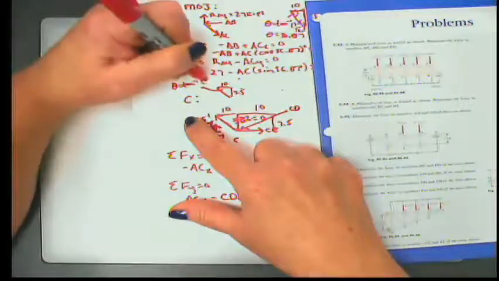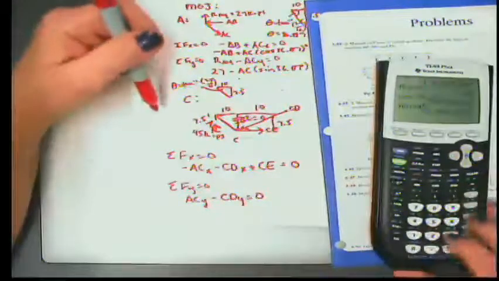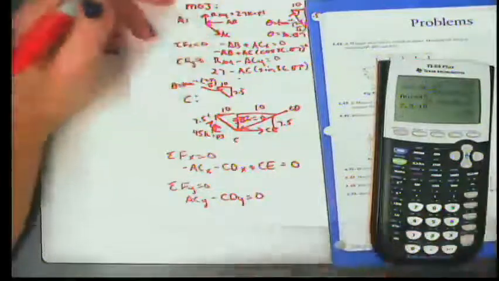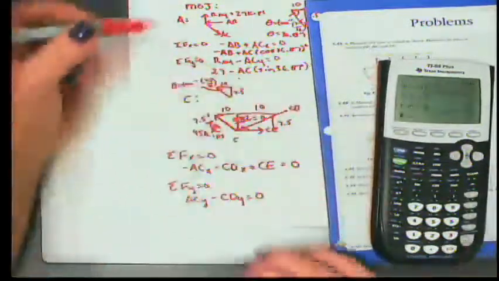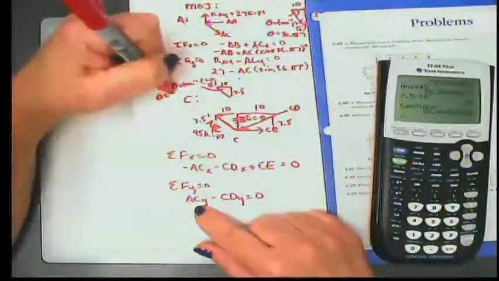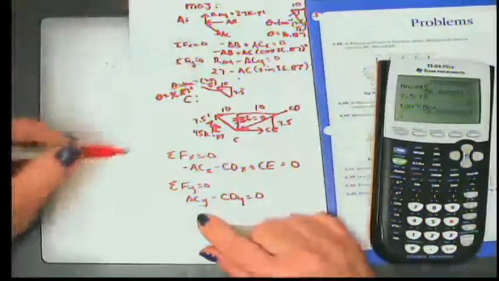The tangent to minus 1 of 7.5 over 10. And I think I found this in the last problem, but we'll go ahead and do that. So if we take 7.5 divided by 10, we get that that's 0.75, and if we take the inverse tangent to that, we find that that angle right there is 36.87 degrees.